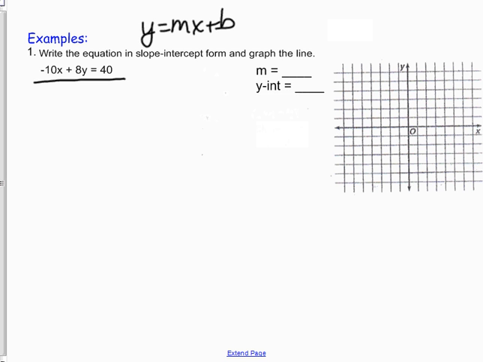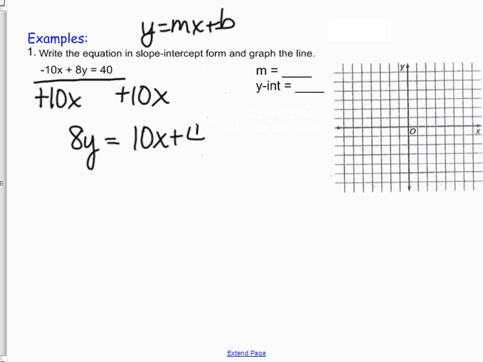And then we have to graph it. Okay, so if I look at this equation, I'm going to try and get the x over on the right-hand side of the equation. So I'm going to add 10x to both sides of the equation. So I end up with 8y equals 10x plus 40.